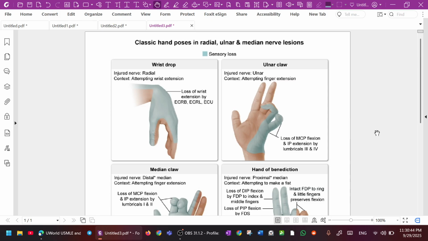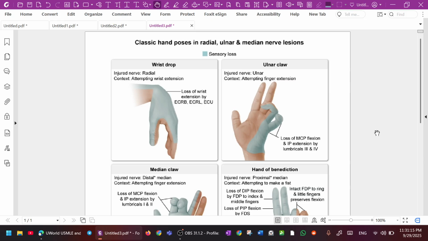And the final, the hand of benediction, distal or proximal median nerve involvement, attempting to make a fist. Loss of DIP flexion by the flexor digitorum profundus to the index and middle finger, and loss of PIP flexion by the flexor digitorum superficialis.